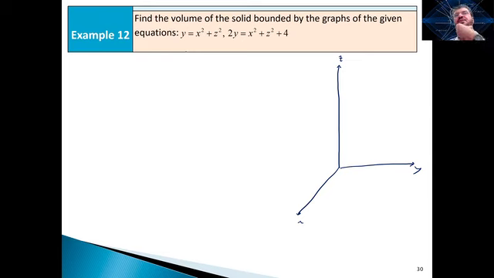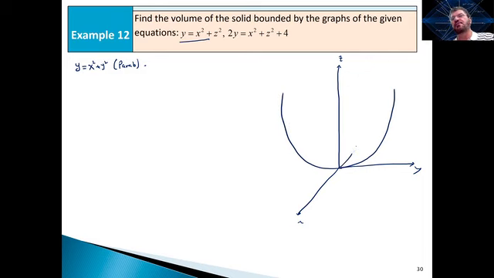Now, what do we have? Start with the first one, y equal x squared plus y squared. We graphed it so many times. This is a paraboloid, open upwards. It looks like this. Goes all the way up. And then from here also, it goes all the way up. So we can go up here. And then probably we can connect those.